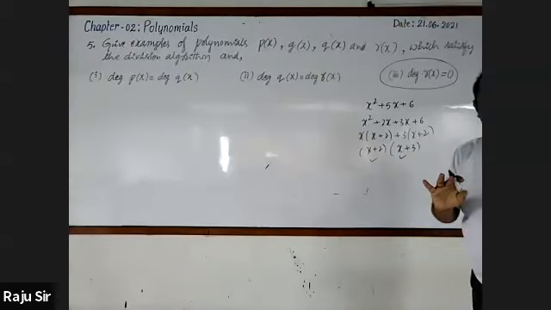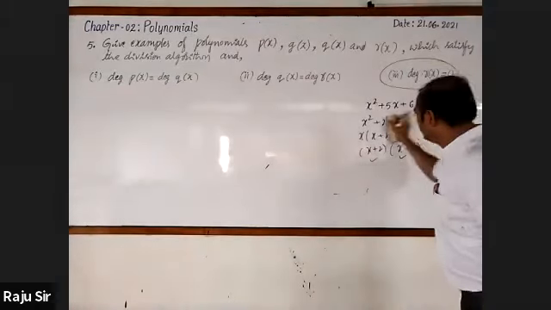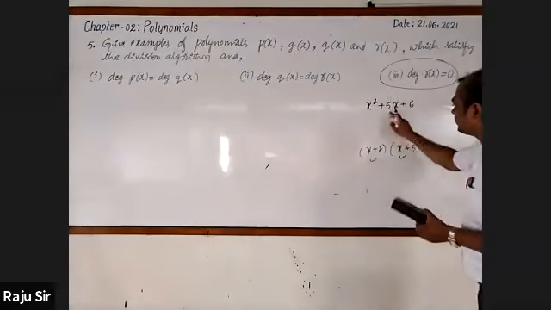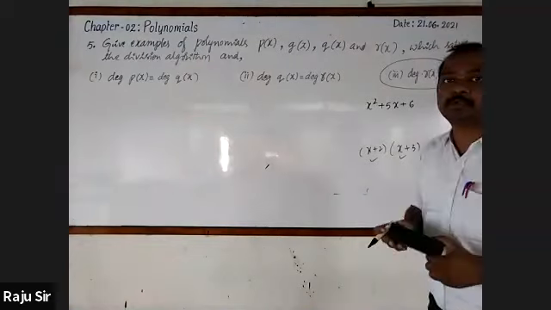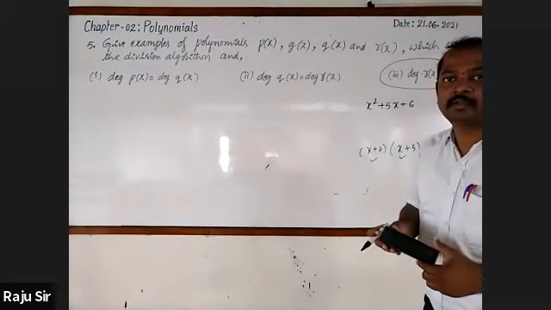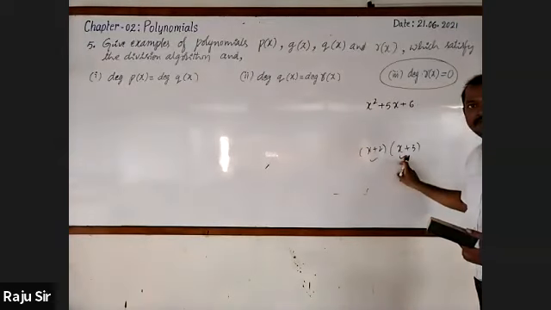Clear? Now I go for dividing this polynomial by any one of these two. And the remainder is 0. The reason is these two are the factors.